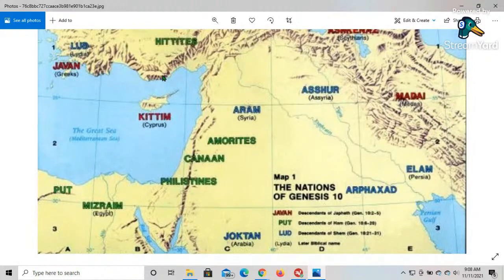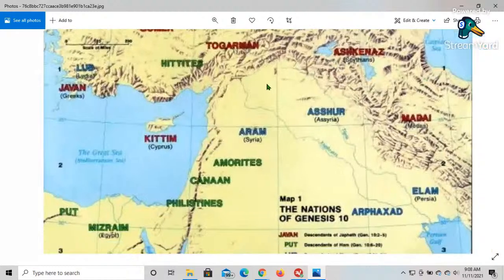And okay, so then we have the sons of Shem, Lud and Lydia. Aram is the Arameans that were also a pain sometimes. Asher, which is the Assyrians, which were a pain other times. Elam, which is the Elamites, another pain sometimes.